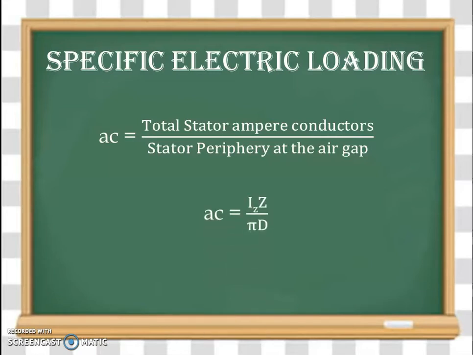So again it can be written as AC is equal to IZ, that is total current passing through each conductor, multiplied by Z. So Z is total number of armature conductors. So IZ, that product is known as total electric loading, divided by circumference πD, and then it is known as specific electric loading.